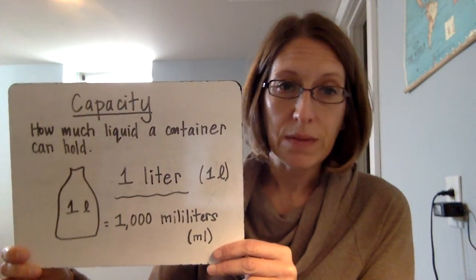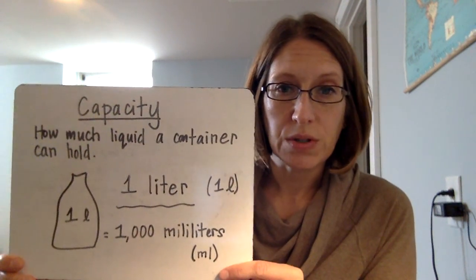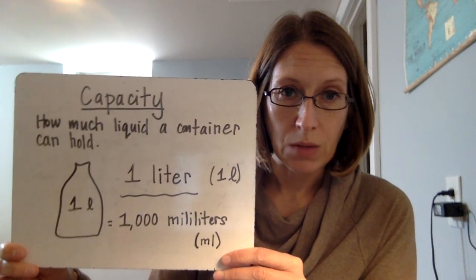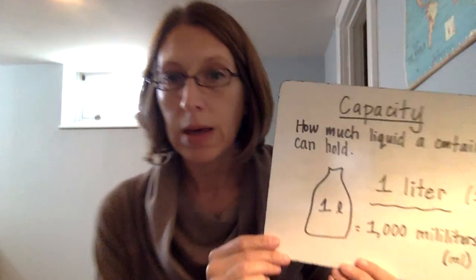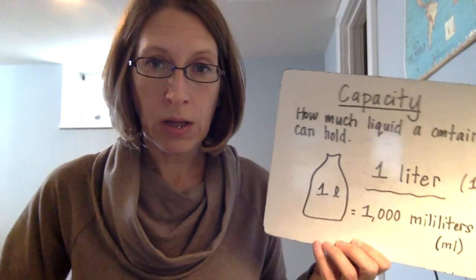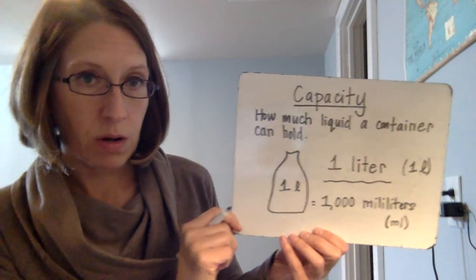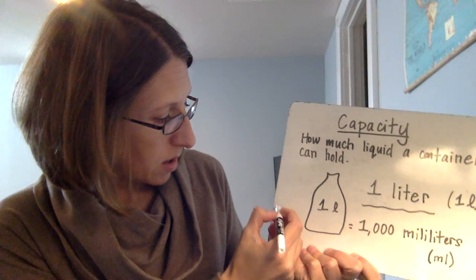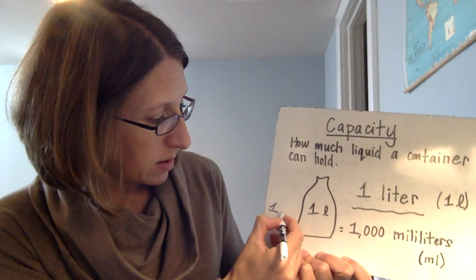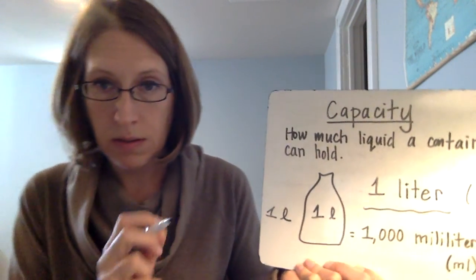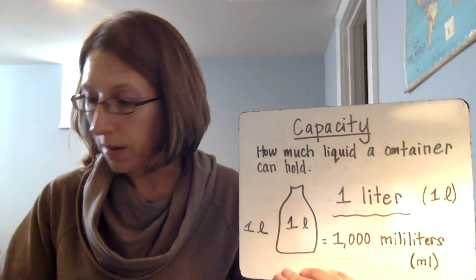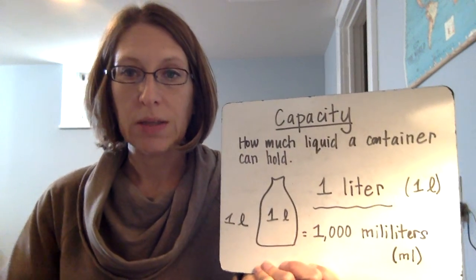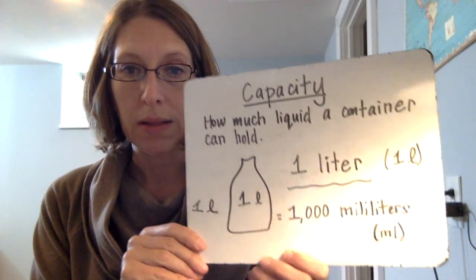Sometimes we abbreviate 1 liter with this kind of cursive L. It almost looks like a little cursive E also, but it is a cursive L. So when you see this in your workbook or in your book, or perhaps on a container, we write a 1 and then it looks kind of like that. That is just a fancy way of writing a liter. You might also see it as just a capital L. If you see something that says 1 and a capital L, that means liter.